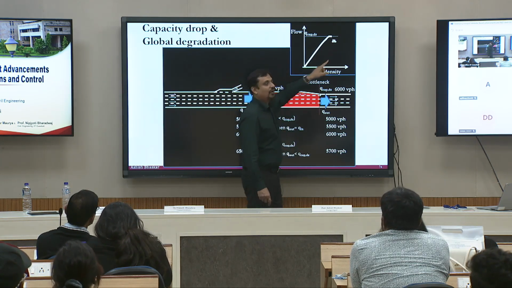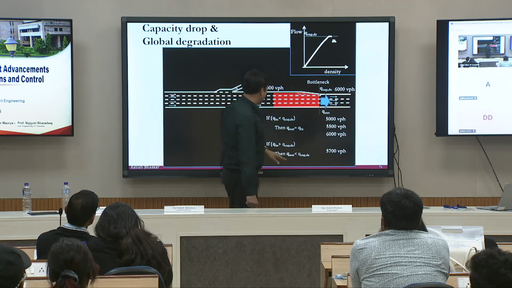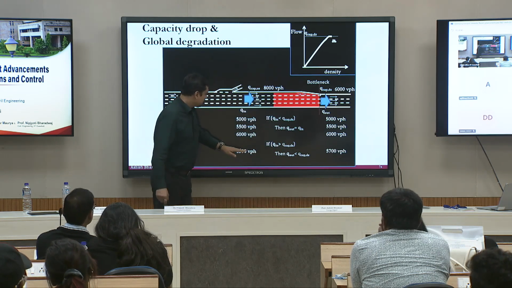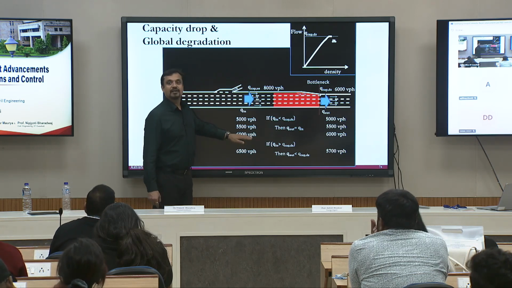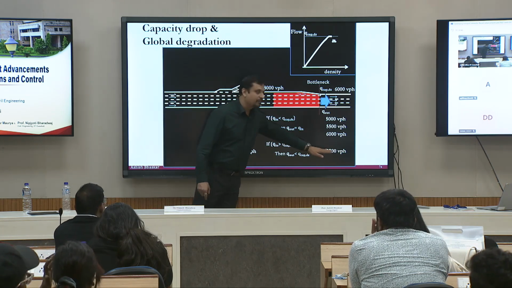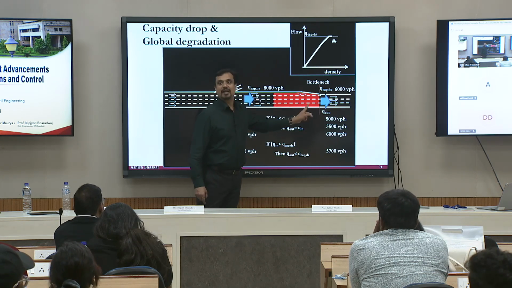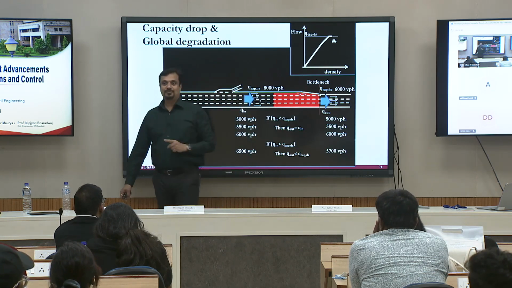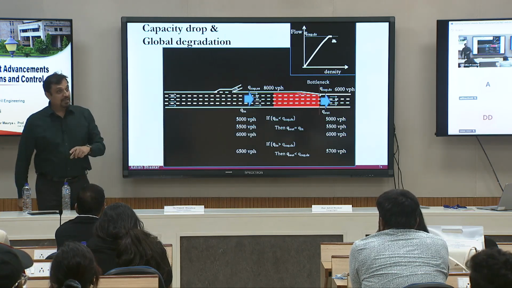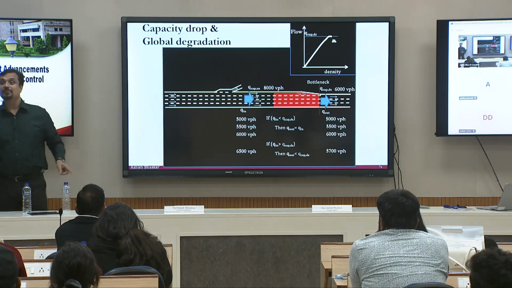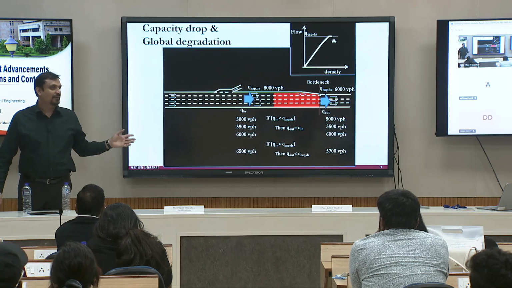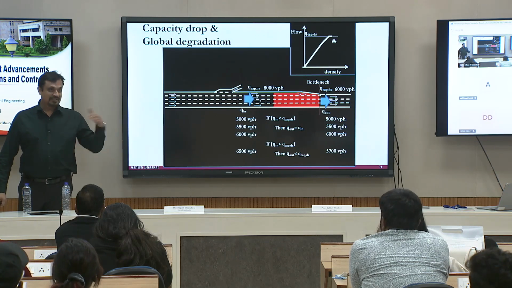So now, earlier I was able to serve 6,000 vehicles per hour. Now I'm able to serve only 5,700 because of the friction happening here. That capacity drop can be a very high number. It can be 10%, 20%. Even in Indian conditions, it can perhaps be even higher. So capacity drop is happening.